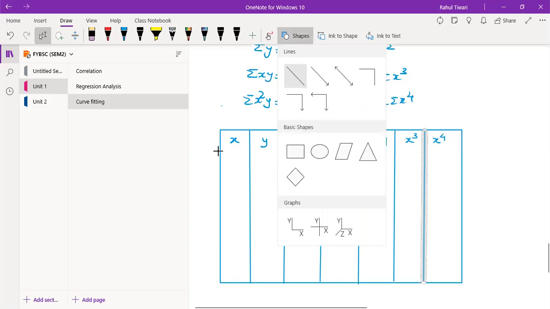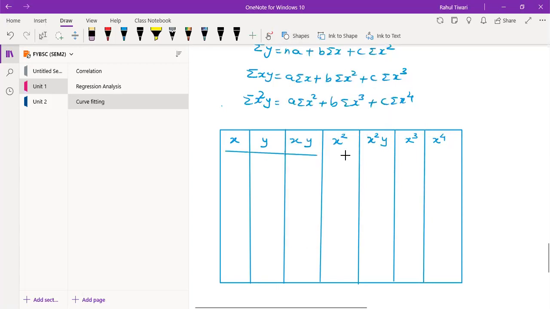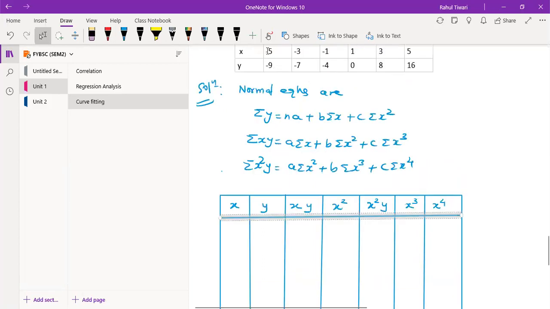Then further you can take the total of those entries, because you require the total of summation of x and y and everything. Then you can substitute these values like -3, -2, 1, 0 and so on here. Calculate this column, substitute in the equation and solve simultaneously. Get the values of A, B and C.